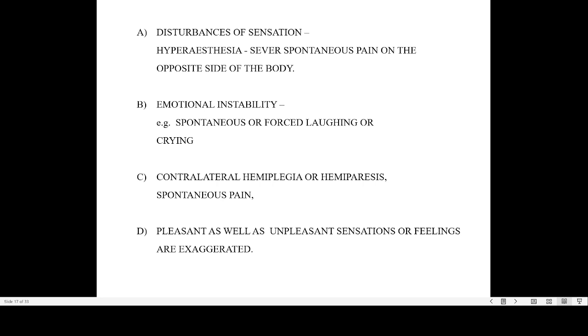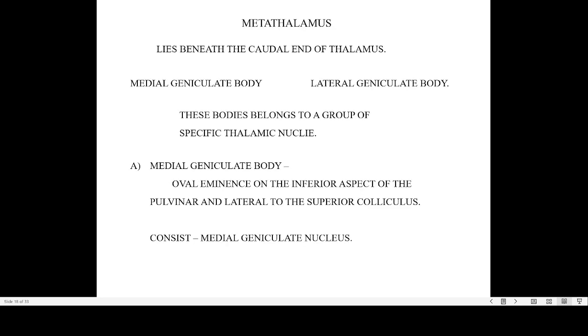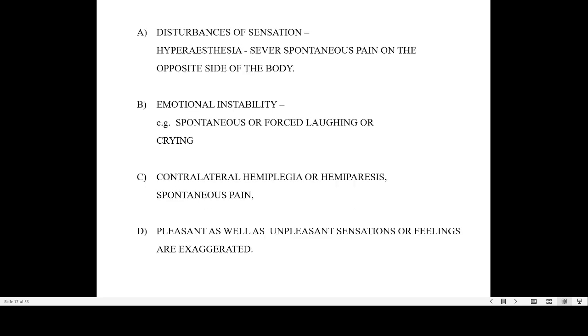Then emotional insensibility, that is spontaneous or forced laughing or crying. Then contralateral hemiplegia or hemiparesis, and spontaneous pain, and pleasant as well as unpleasant sensations or feelings are exaggerated. So these are the clinical aspects. This clinical point is very important in identification of the system.